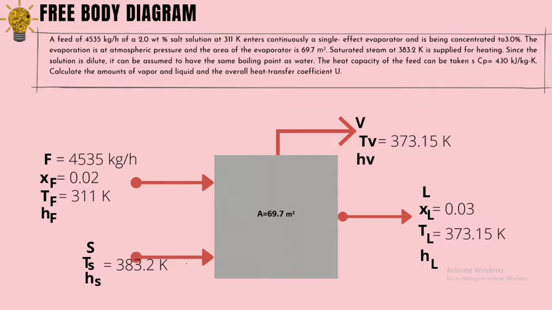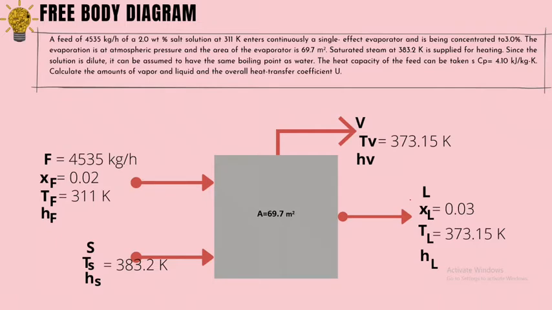The next one is the saturated steam input, in which the only given is its temperature at 383.2 Kelvin. Moreover, on the output side, we have the temperature of the vapor at 373.15 Kelvin, while the amount of vapor and its enthalpy are still unknown.